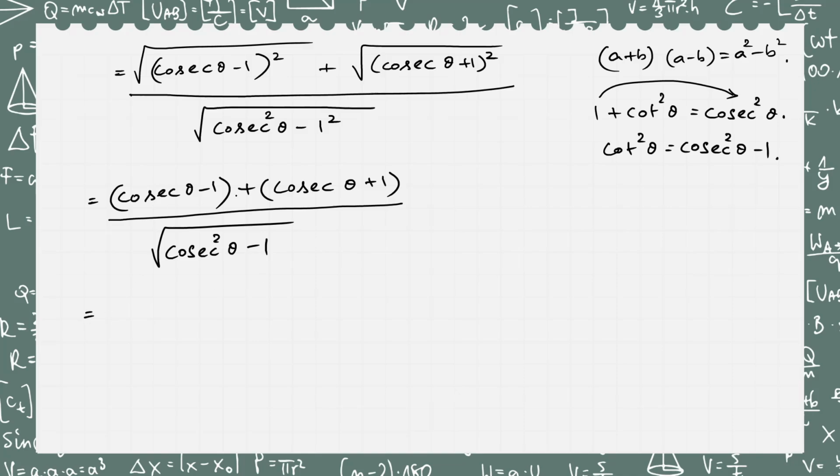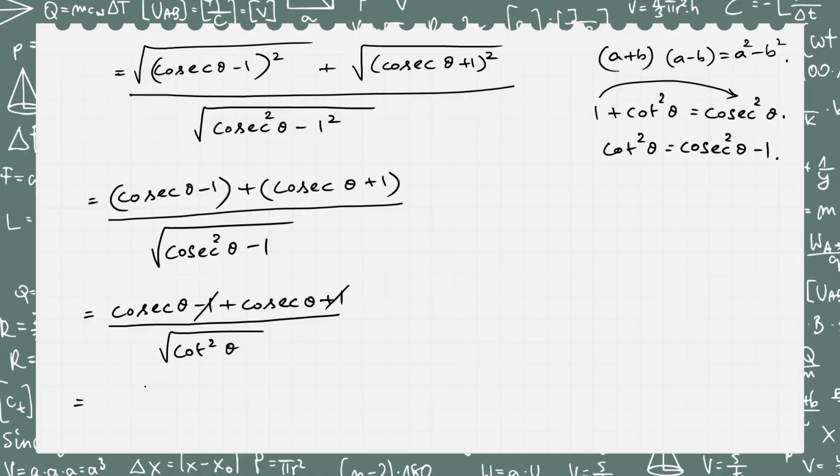So let us see. Now I am going to remove the brackets in the numerator, so we have to add them. Cosecant theta minus 1 plus cosecant theta plus 1 divided by root of cot square theta. Okay, and look at the numerator, minus 1 and plus 1 are cancelled.